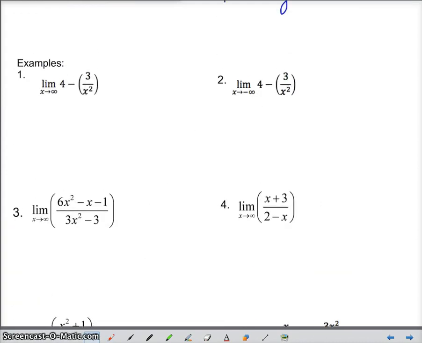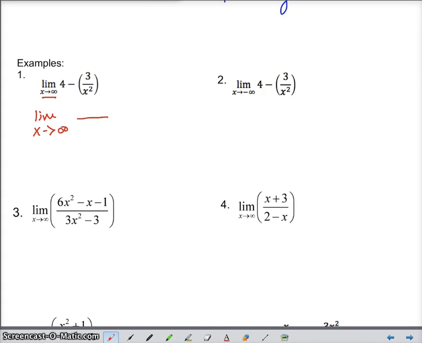What I'd like for you to do is take a moment and let's go through these examples. I'm going to do the first example with you. Number 1, we want to evaluate the limit as x approaches positive infinity. Well, first of all, I see that I have 2 individual terms here. So one method with which to evaluate the limit is to first find a common denominator and combine these values.